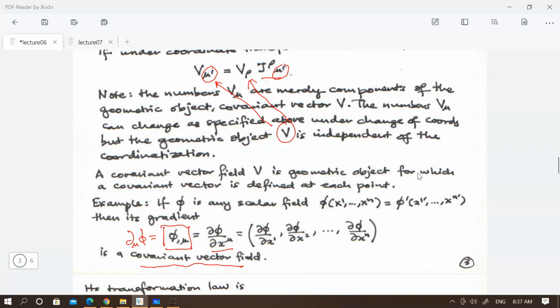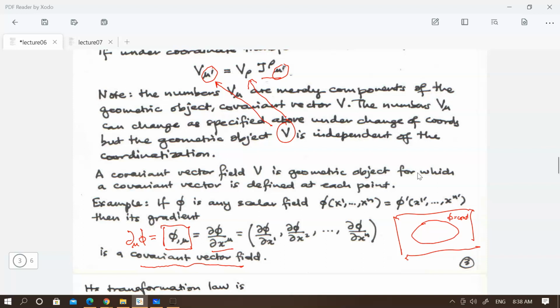So you can have, for example, a space, and then you define some scalars here. Let me write this as contour lines, for example. So this is phi equals constant as an example.